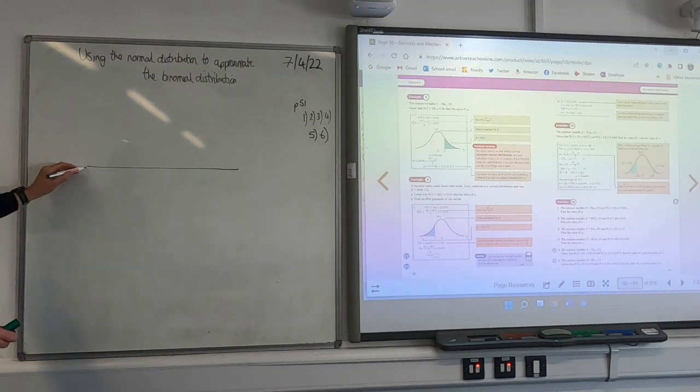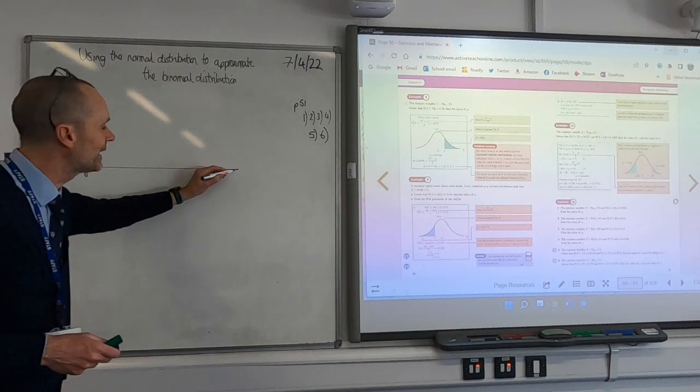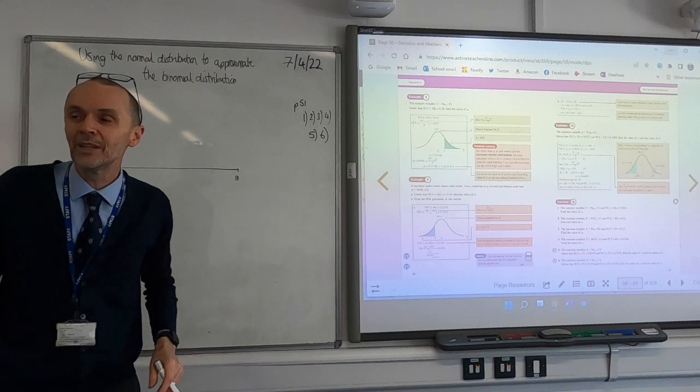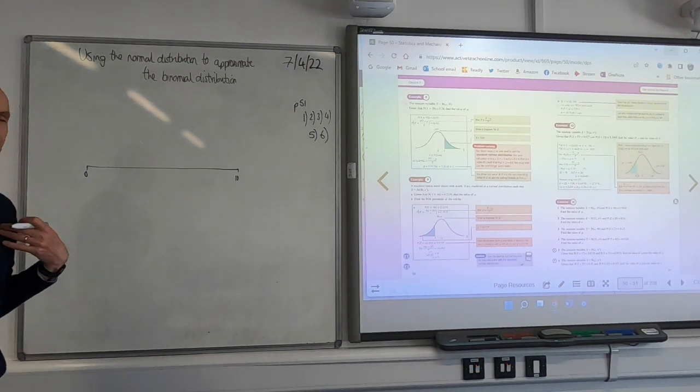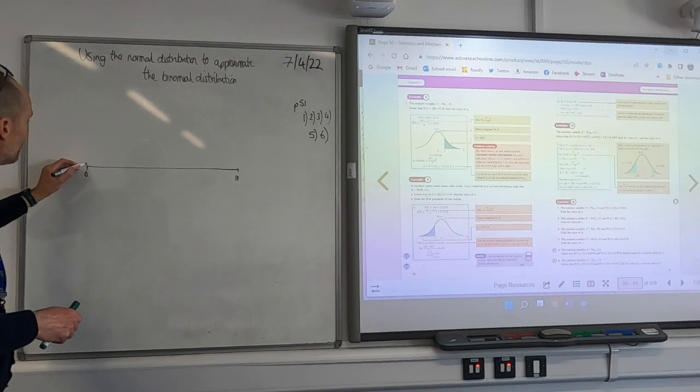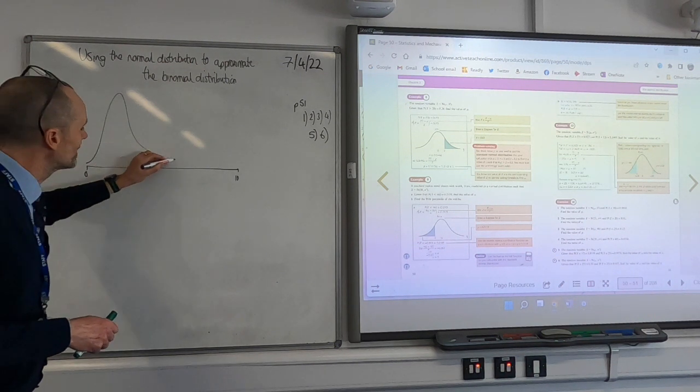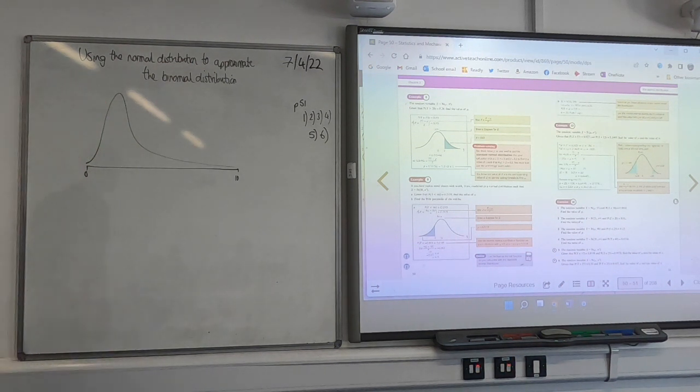So if we played 10 games and we did that every weekend for a year, we'd be shattered. I suspect that if we counted how many times Godber and me won and plotted it, it would probably be something like that, wouldn't it? The probability of us winning a game would be very, very low.